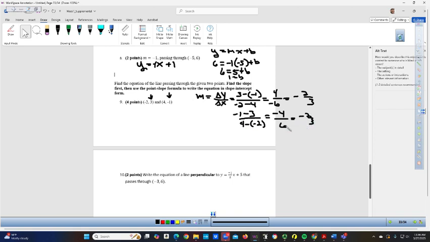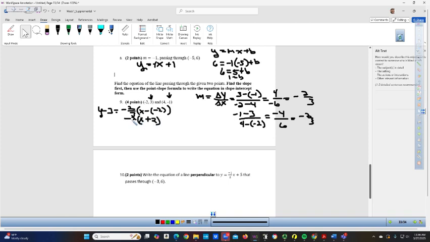It doesn't matter which way you go. Okay, so now using the point slope formula, we're going to say y minus y1 equals our slope, -2/3, times x minus x1, which is a -2. Again, this basically becomes x plus 2.